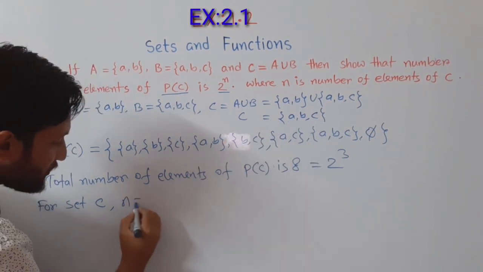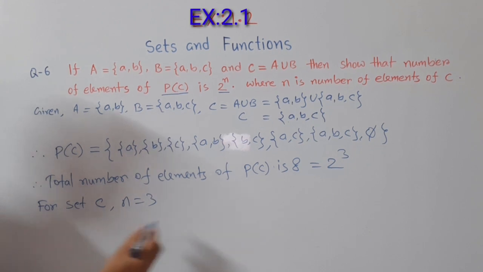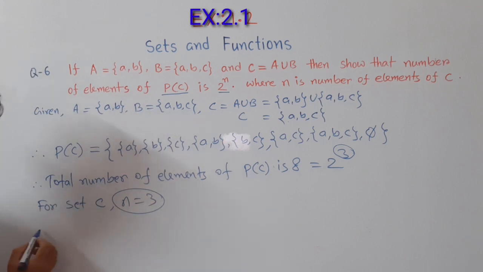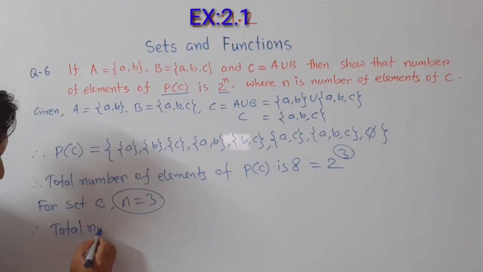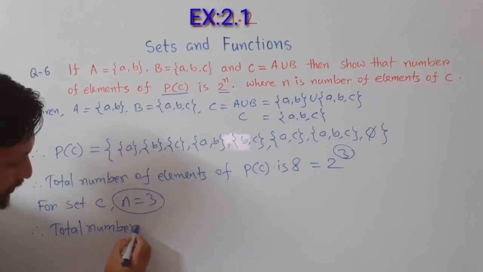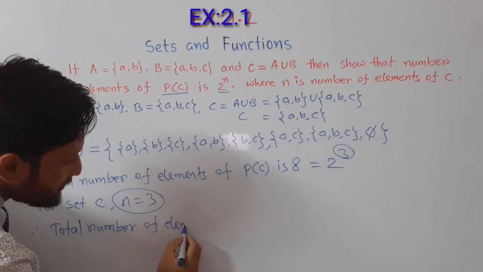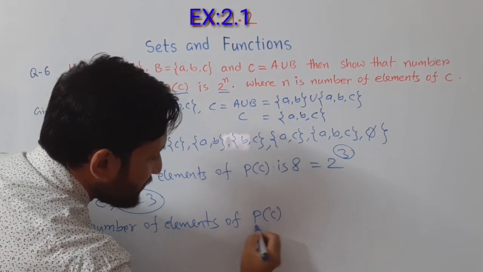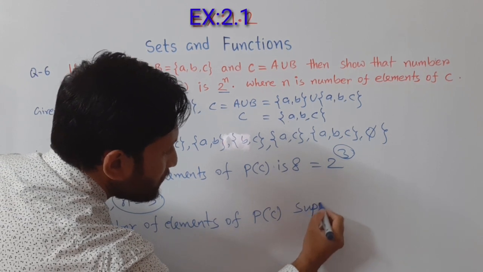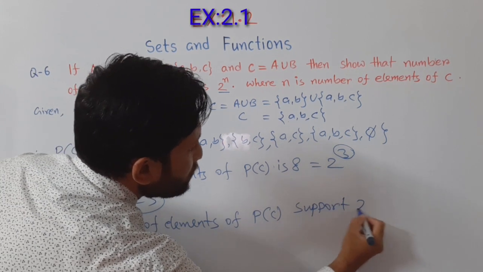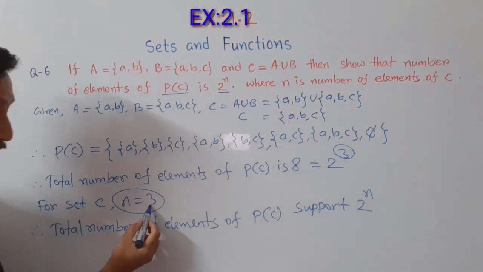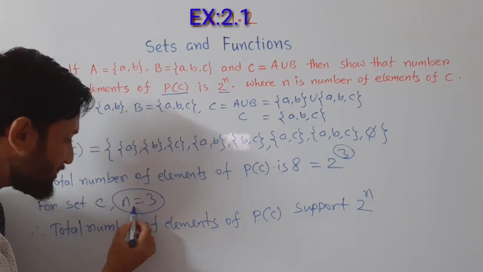So n equal to 3. For set C, n equal to 3, but here 2 cube. So these 3 and this n are equal. So we can say that the total number of elements of P(C), that means the power set of C, is 2 to the power n, because here 2 cube and the number of elements of C are equal, that means n equal to 3.